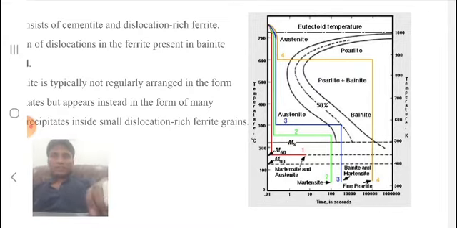What TTT diagrams do is show how to escape the nose and where to hold the austenitic steel to start the transformation.